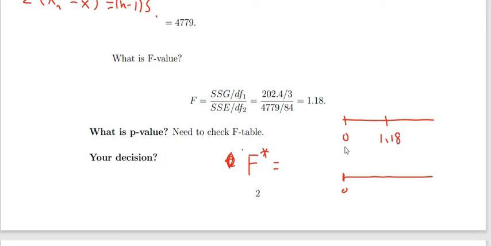Okay, so now let's check the F table. For the F table we have 2 degrees of freedom: the degree of freedom in the numerator is 3, and in the denominator is 84. So let's check the F table.